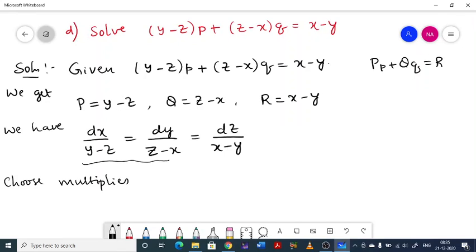Okay, I'll recall that also. You have to choose multipliers k1, k2, k3 such that k1 into P plus k2 into Q plus k3 into R should be 0. So here our P, Q and R, you have to choose k1, k2, k3 such that P into k1 plus Q into k2 plus R into k3 should be 0.